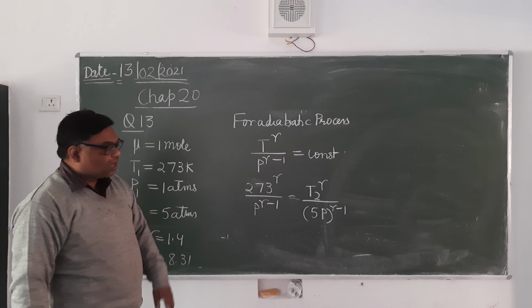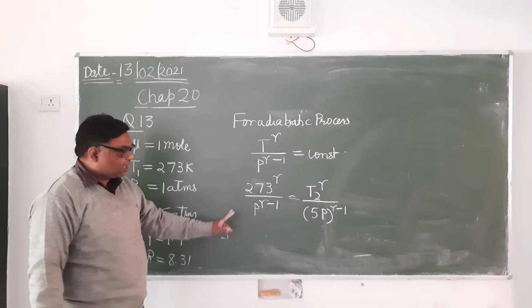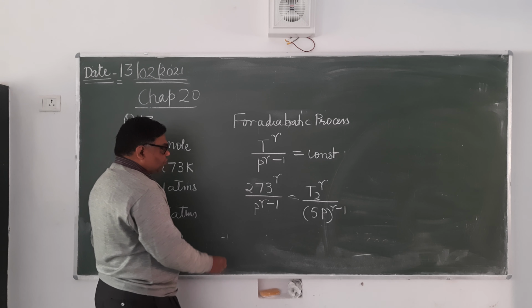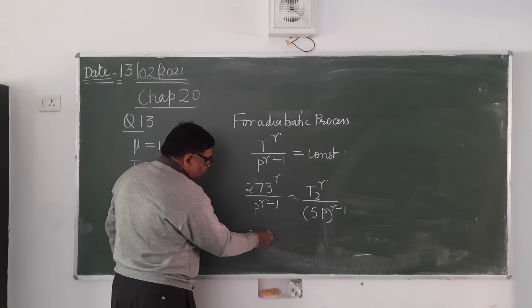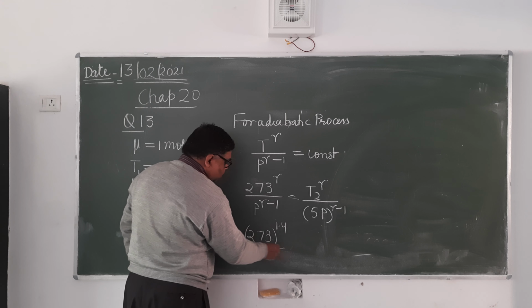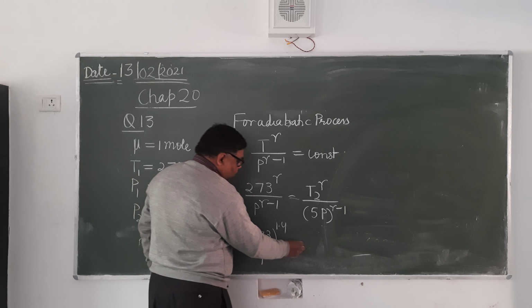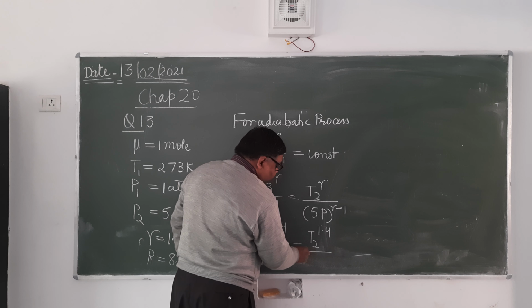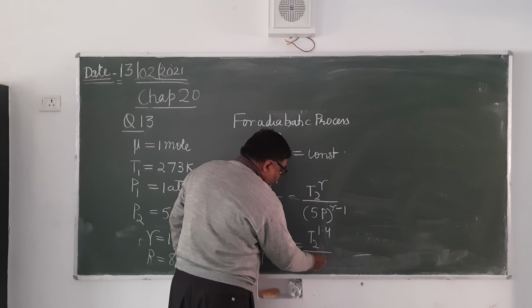P to the power gamma minus 1 will be cancelled, since the denominator is on both sides. So 273 to the power 1.4 equals T2 to the power 1.4 and it is 5 to the power 1.4 minus 1.